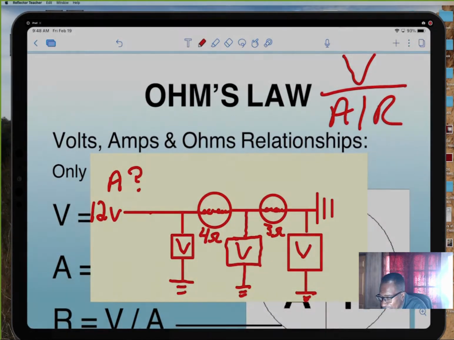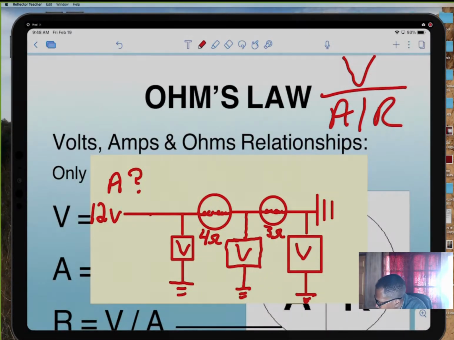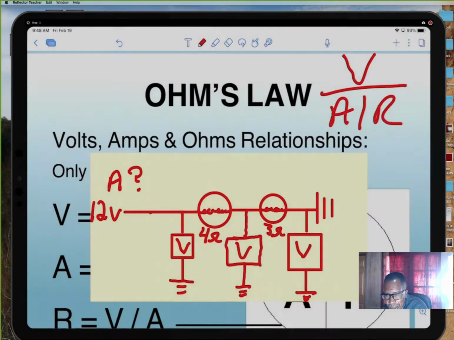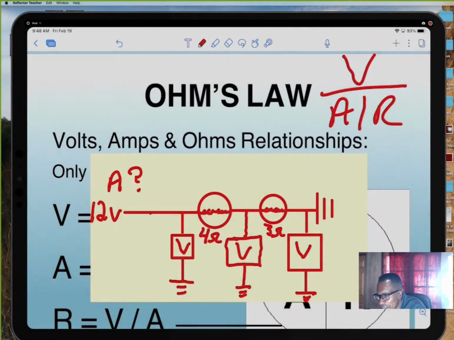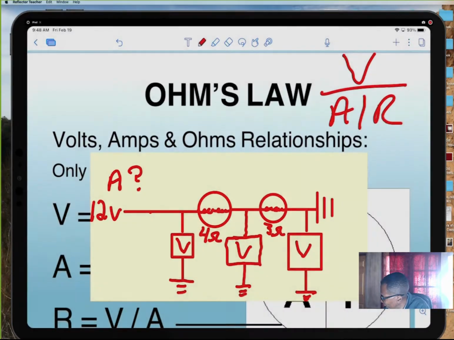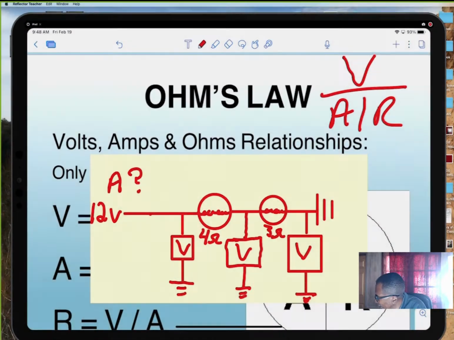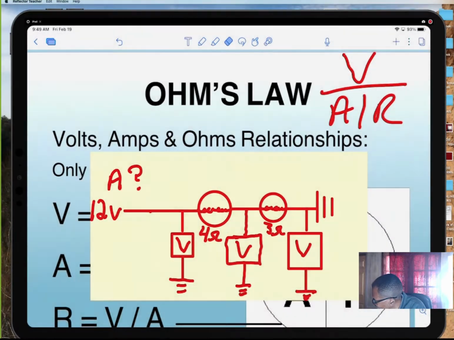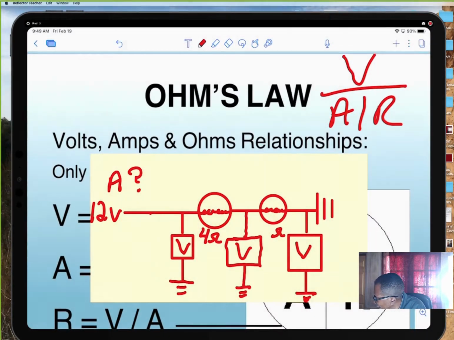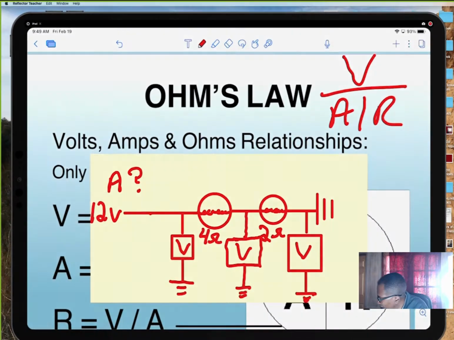Now, since it's a series circuit with more than one load, yes, thank you, Mr. Garcia, we have to add them together. Let me make the math easier. So we're going to add them together.